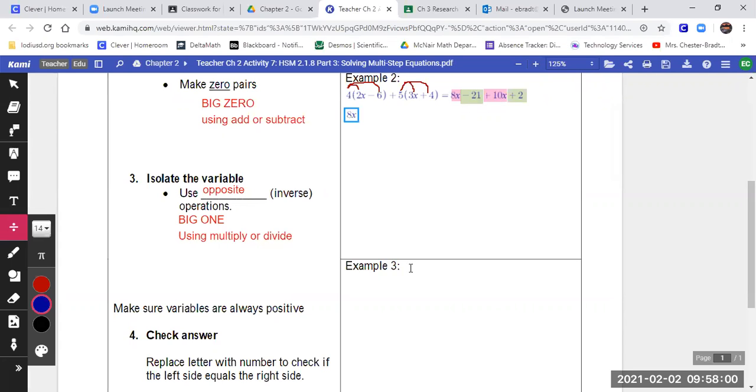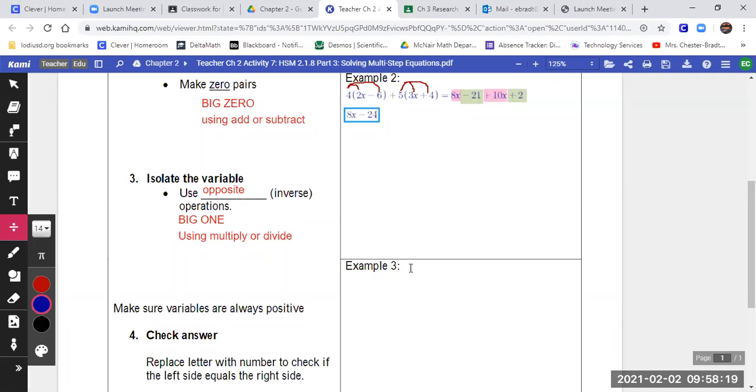And then a positive 4 times a negative 6. What sign is it going to be? Negative, and then 24.